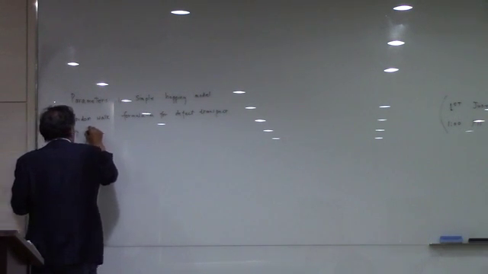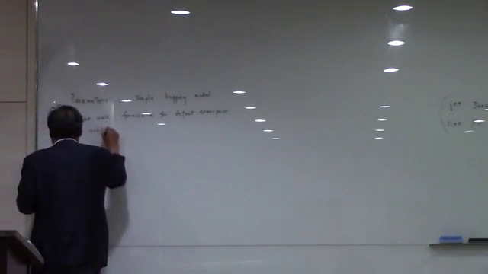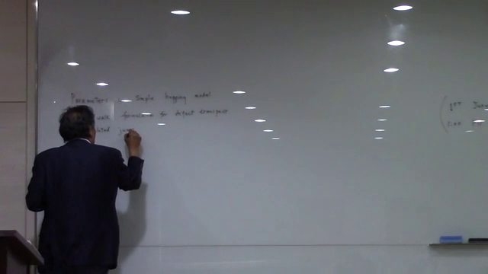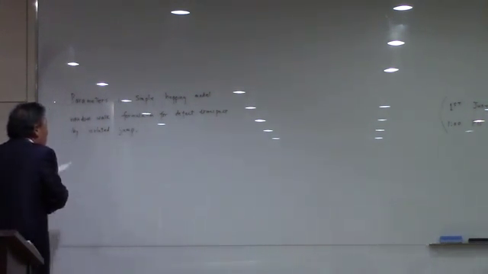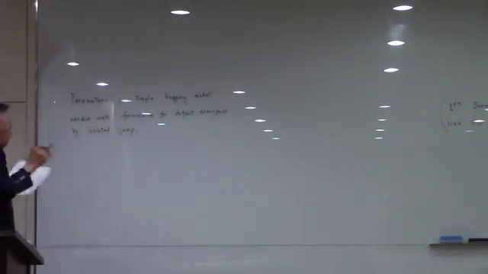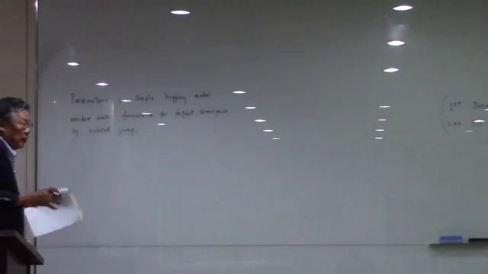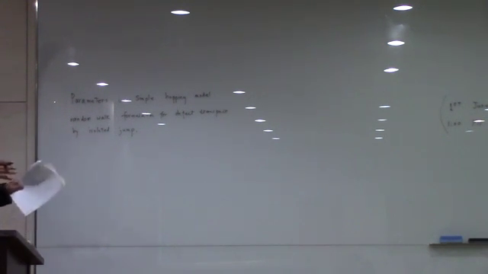By isolated jumps. The reason why we want to study this simple hopping model is that in super-ionic conductors, there is something else than the simple hopping for the diffusion.